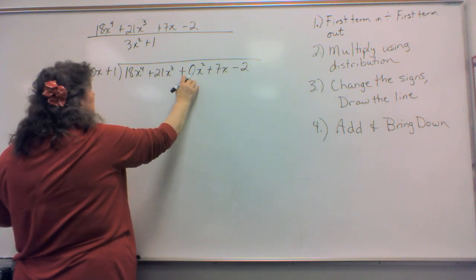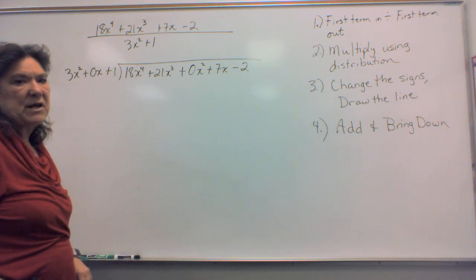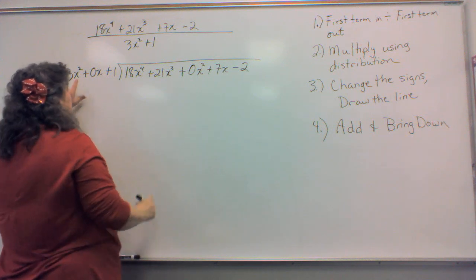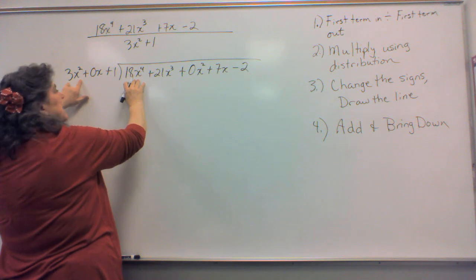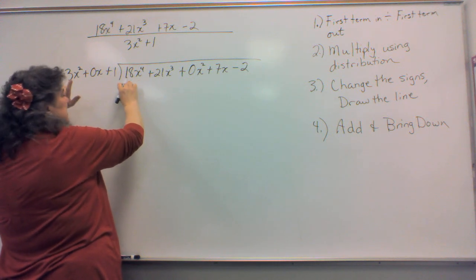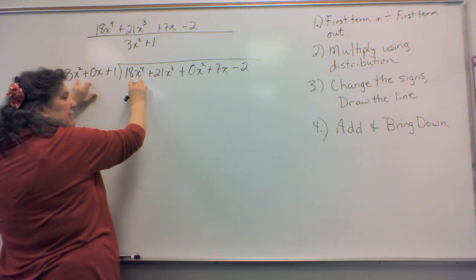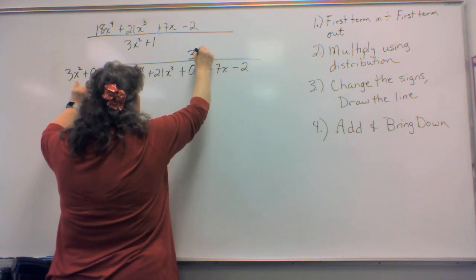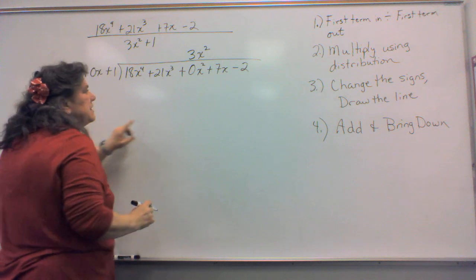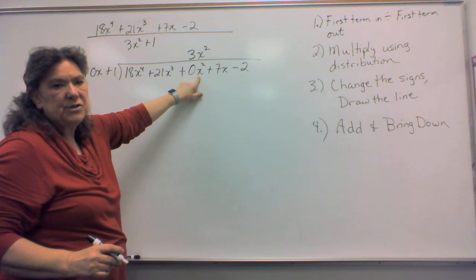You use a 0 to get those extra spots in that we don't have. Now, 18x to the 4th divided by 3x squared is going to be 6x squared. 18 divided by 3 is 6. X to the 4th divided by x squared is x squared. And notice I put it above my x squared term.